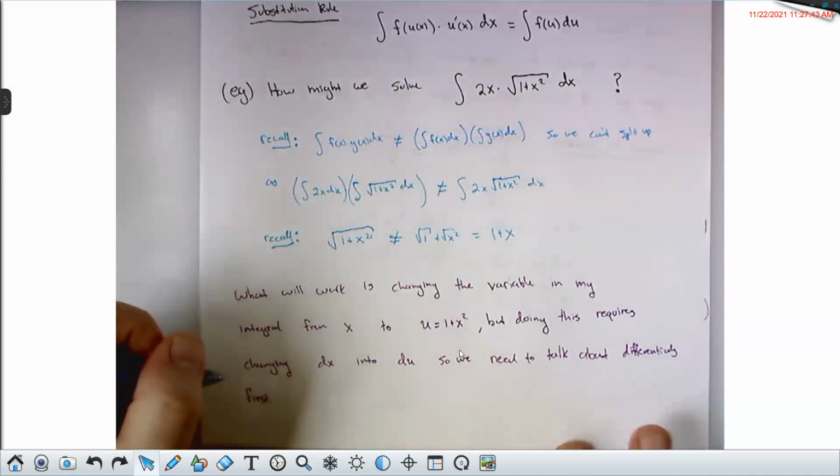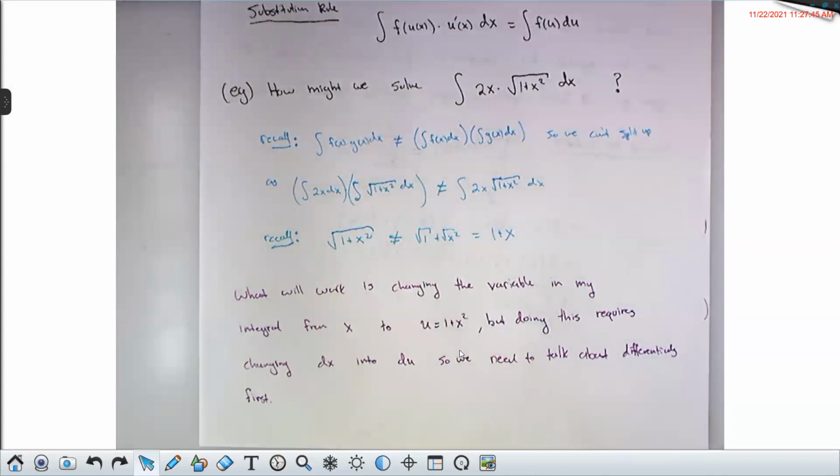So I'm going to put this problem on the shelf for just a second. I'm going to go back and talk to you about differentials, what they are symbolically, what they are geometrically, and how we incorporate them into schemes like this. And then we'll come back and we'll actually make this little change of variables, and we'll see how that gives us an integral we know how to do. So there's going to be a bit of review today. Here's that review.